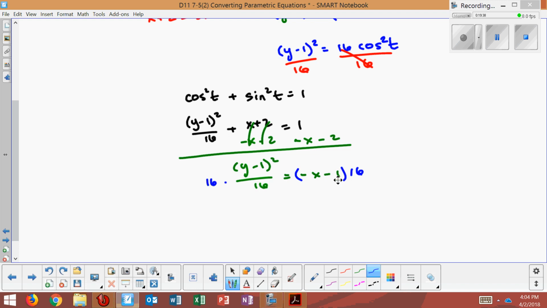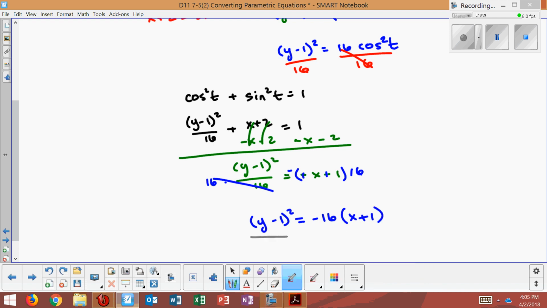And again, we're going to have to factor out what's common. So I can just factor out the negative right now. That makes this positive. That makes this positive. So my final answer here, y minus 1 squared equals negative 16, because negative 1 times 16. And then this became x plus 1 there. There's my answer.